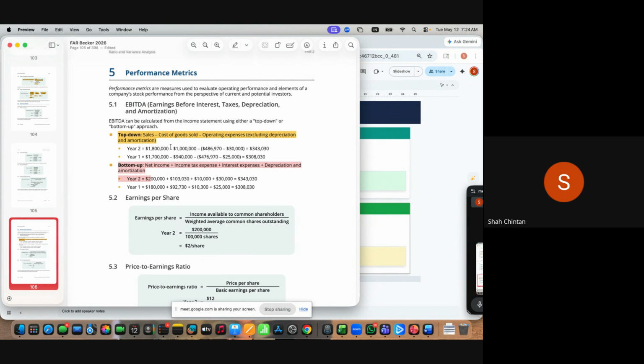Calculations देख लो year 1, year 2 के with the example which they have given in the question. ओके, ये हो जाने के बाद 5.2 EPS, earnings per share, ये भी हमने किया हुआ है. So please go through it. This should be an easy one for you now.